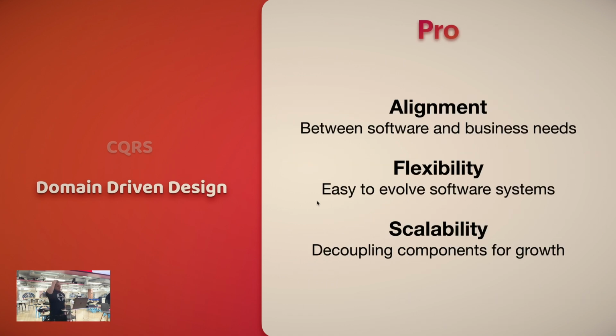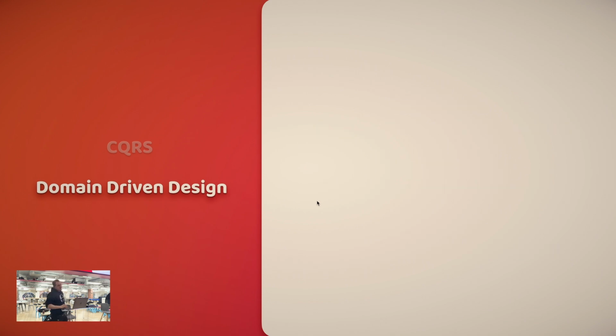Good. So what are the benefits of this approach? The benefits are that you have a perfect alignment between software development and business needs. It's very flexible. You can scale this to any scale, and it decouples the components so that you can grow with different teams.